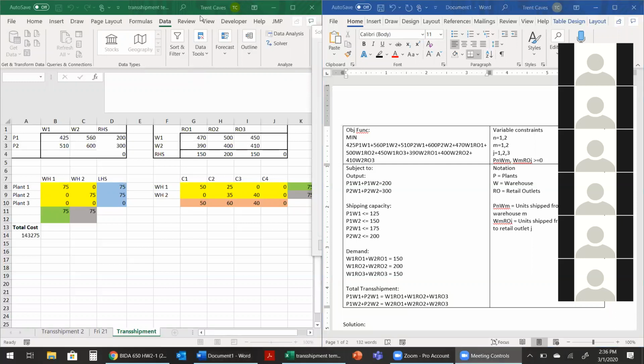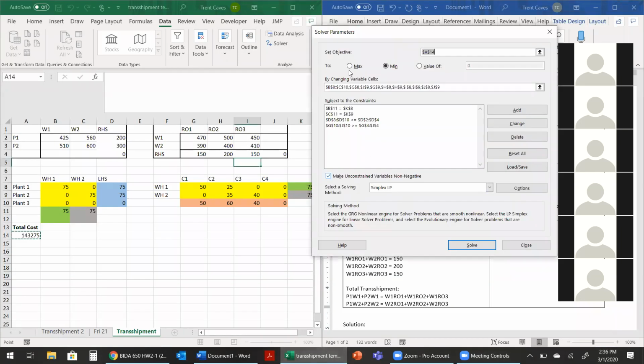So we'll go back to our solver. So those first 2 constraints are the transshipment constraints.